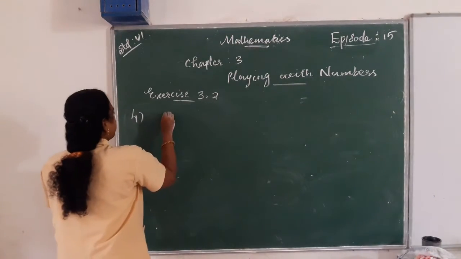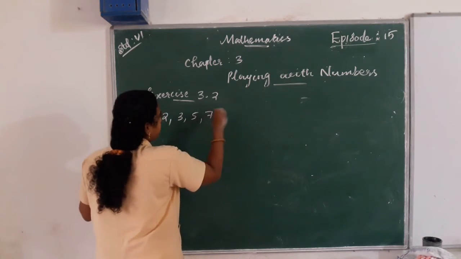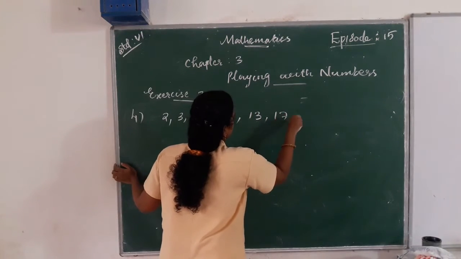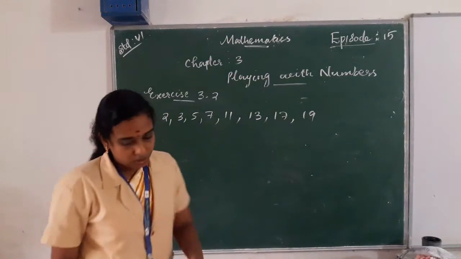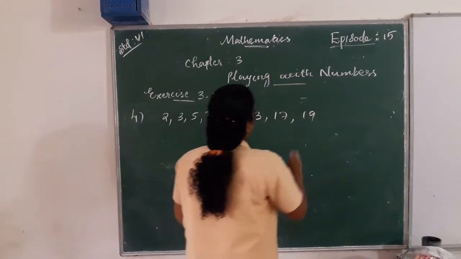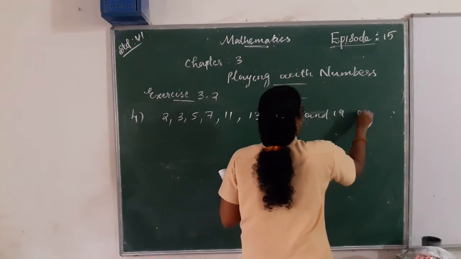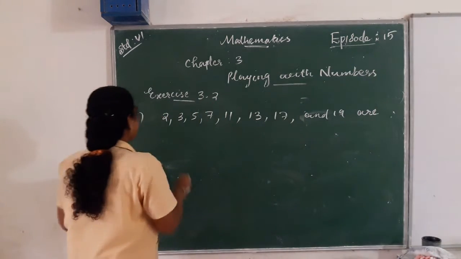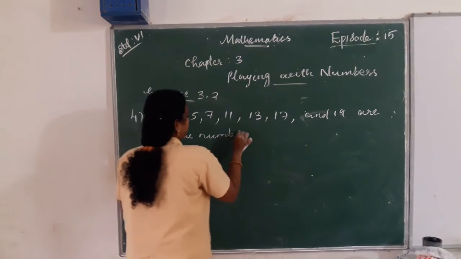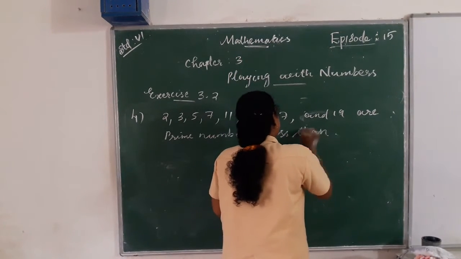So, 2, 3, 5, 7, 11, 13, 17 and 19 are the prime numbers less than 20.